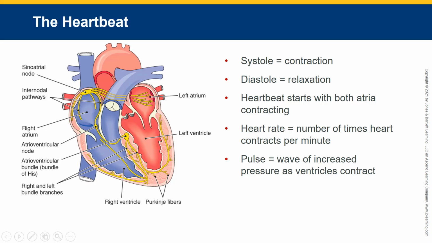We also have something called the atrioventricular bundle, or the AV bundle, the bundle of His. The AV bundle is a group of cells that are going to help move the contraction along.